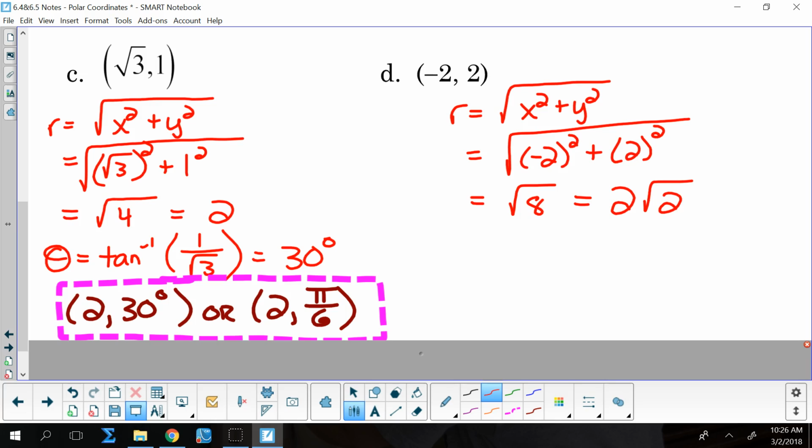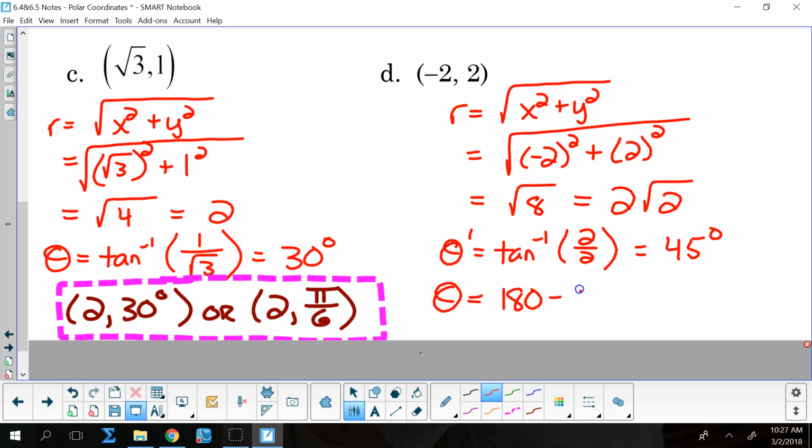I'm in quadrant 2. So theta prime here is going to be the inverse tangent of 2 over 2, which is 1. So the inverse tangent of 1 is 45 degrees. So my actual theta, because I'm in quadrant 2, is going to be 180 minus theta prime. So that's going to be 135 degrees.